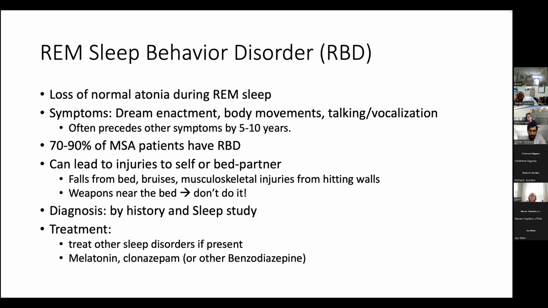This symptom can often precede the other symptoms of MSA by several years, so it's often a precursor and a warning sign. The majority of MSA patients have RBD, in some studies up to 70 to 90%. So it's very common in MSA.